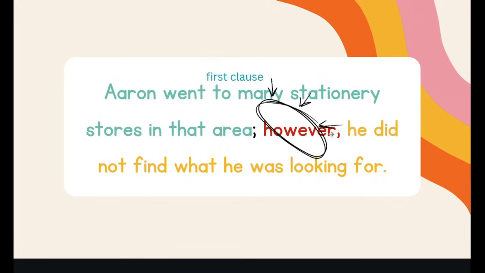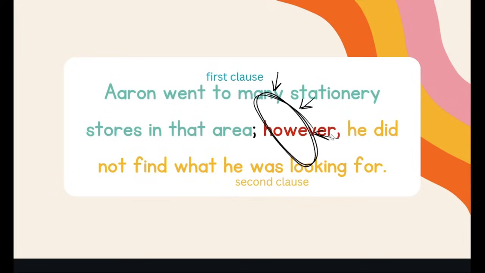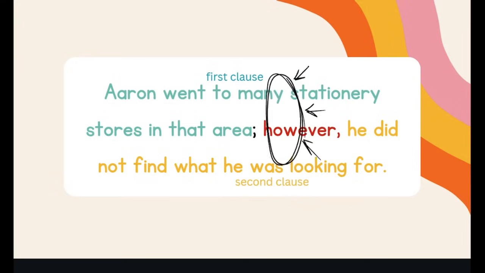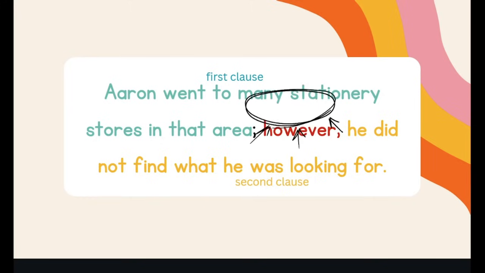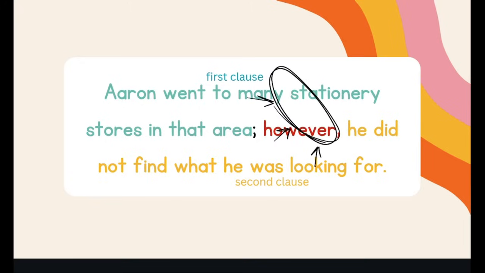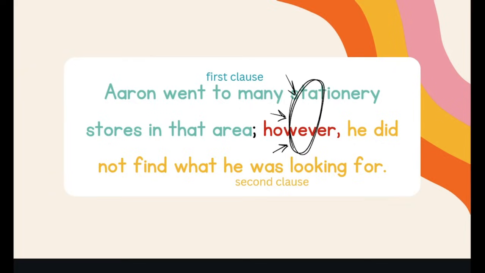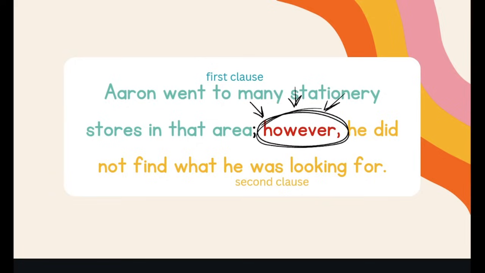So here, we have the word however. However is what we call the conjunctive adverb because it connects the first clause and the second clause. As our definition says, it serves to connect two clauses or sentences.